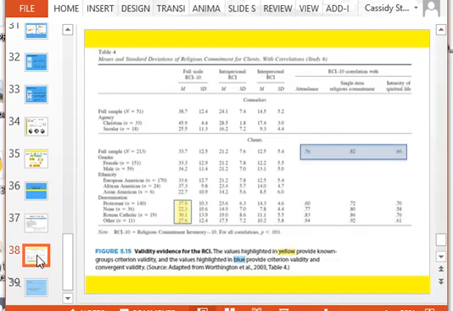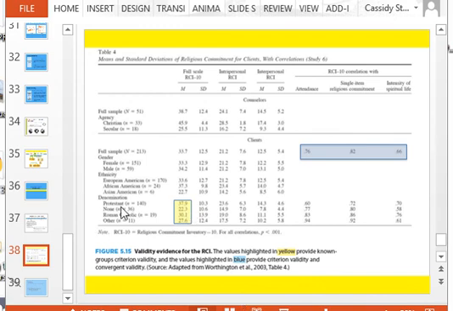Now, we also want to get a measure of validity. Is it actually measuring religiosity, or maybe something else? And so they are going to use criterion validity here. What we find is that the individuals who are not affiliated with any sort of religion score a 22 on this scale.